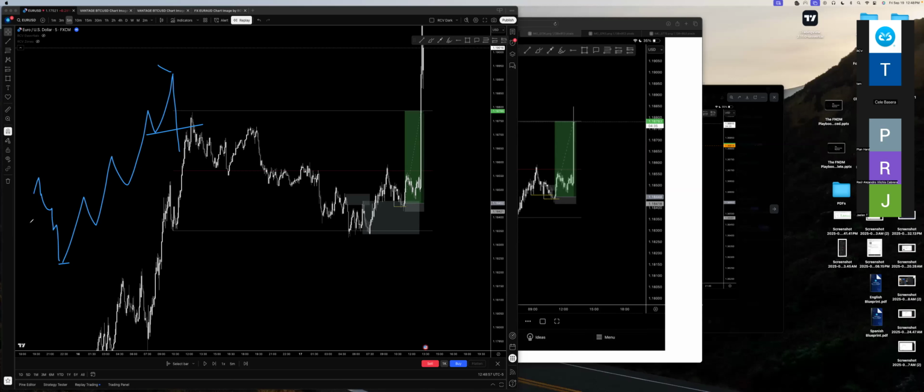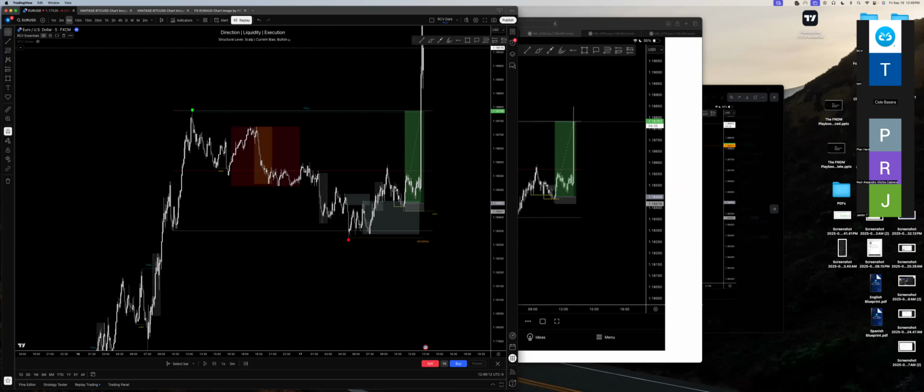So let's just say this break solidifies the low, this break solidifies the high, and all we're looking for is the continuation higher. And the reason why this is the epitome of the model, or our three-step framework, direction, liquidity, execution, is because the external is bullish.